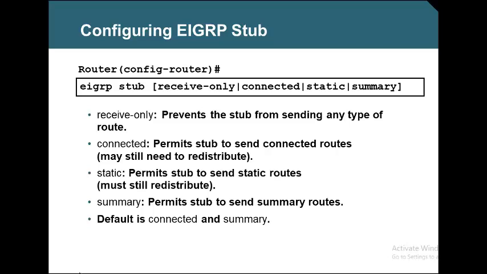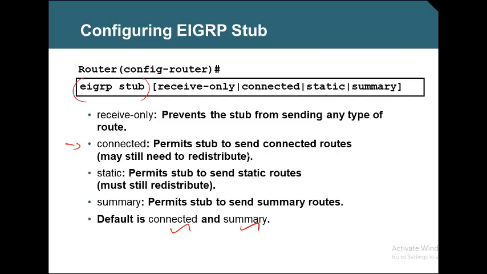So when I configure a router as a connected stub, for example, if I go to this router C and say EIGRP stub connected, when I put this command under router EIGRP, the router will take responsibility only for these 3 connected networks. It might have learned 1,000 networks from other routers.